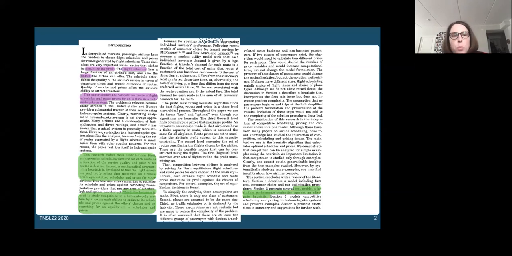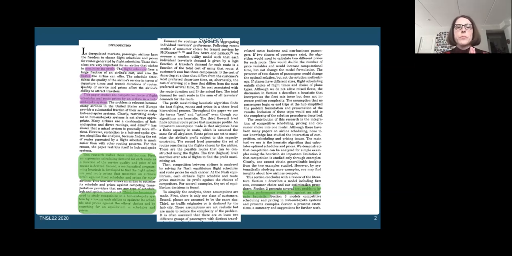Let's recap what we figured out for that one. So the general frame for the problem that this paper considered was that, okay, airlines want to maximize the profit. And the information was that if we have a flight schedule, that will fix a large part of the cost, and it will fix the route that the airline can offer.